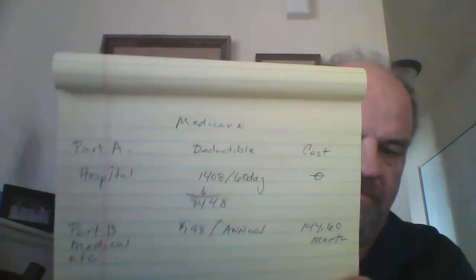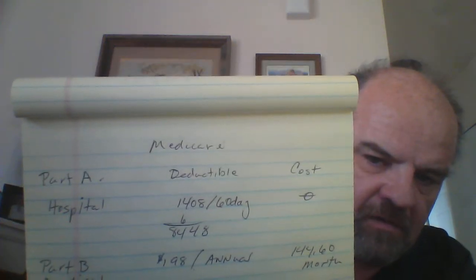There's nothing else involved in it. It does have a deductible, and that will be your next column. Under Part A, I want you to write $14.08 every 60 days. So as I've done here, you'll see $14.08 every 60 days.